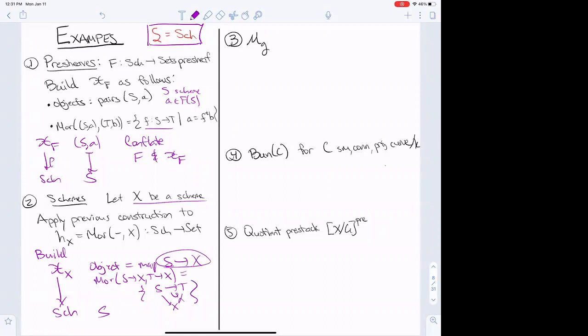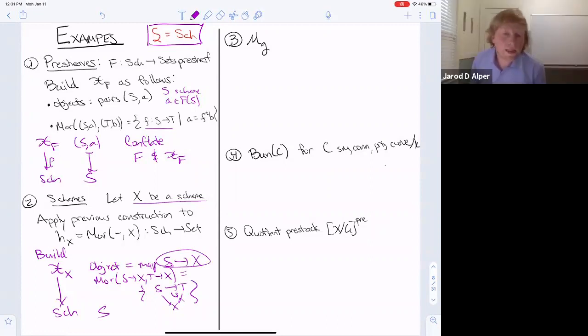Sorry, don't we only want to include isomorphisms here for our definition of prestack? No, you're right, but here we're varying S and T. So it's not true that all morphisms in the category are isomorphisms. But if you think about morphisms over the identity in this category, the map from S to T must be the identity.